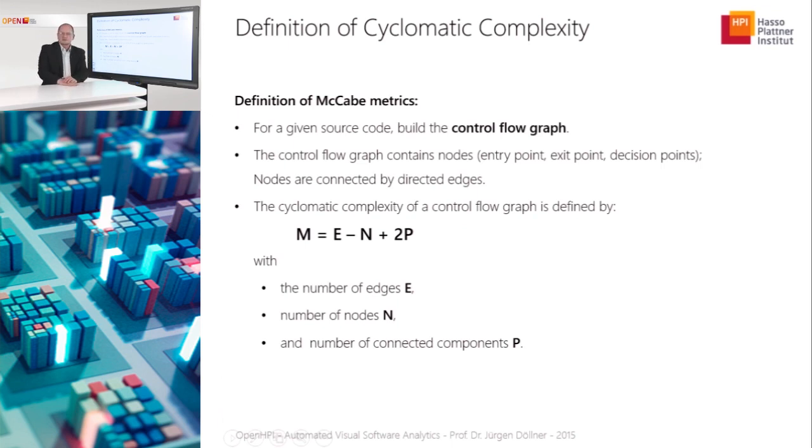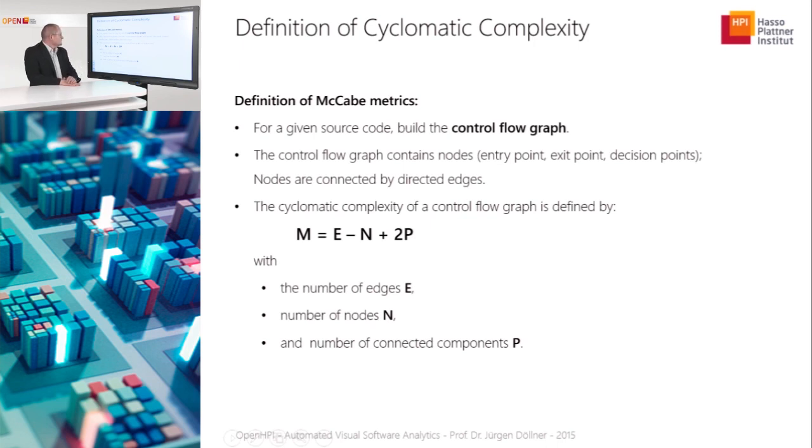For a given source code, we build the control flow graph. The control flow graph is a formal model that consists of nodes and edges. The nodes represent the entry point, the exit point, and all decision points. Each node is connected by one or more edges, according to the flow, to other nodes.